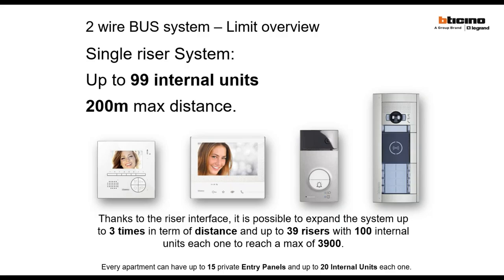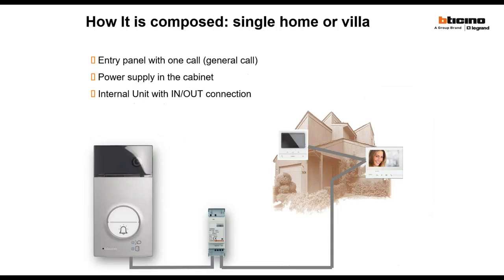Each riser, so it's 200 meters we say, can be expanded 3 times. So it means we can have 600 meters. And we can make 39 risers with each one 99, 100, depending on the configuration, but it means close to 3,900 internal units. So this is the maximum limit, and you see the capacity of the system this way.